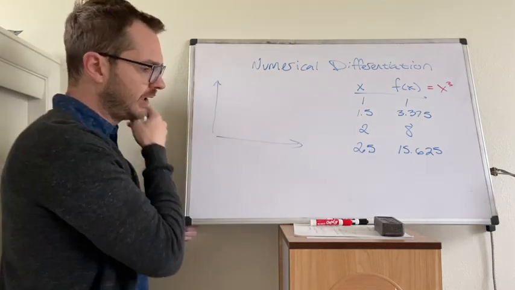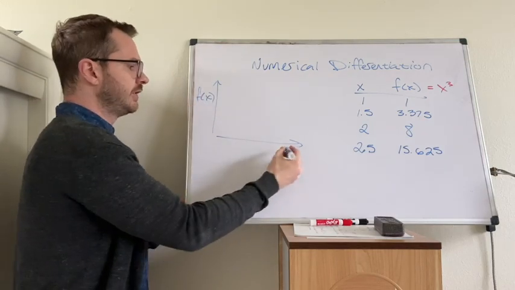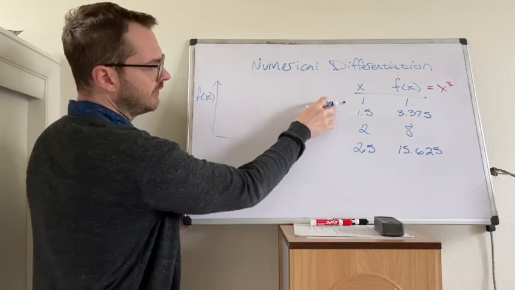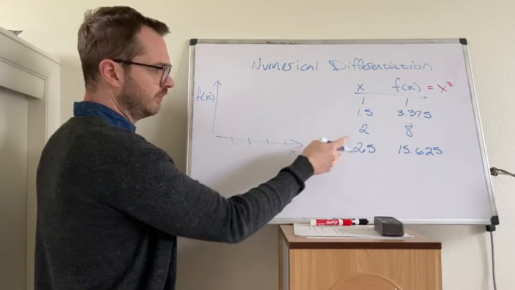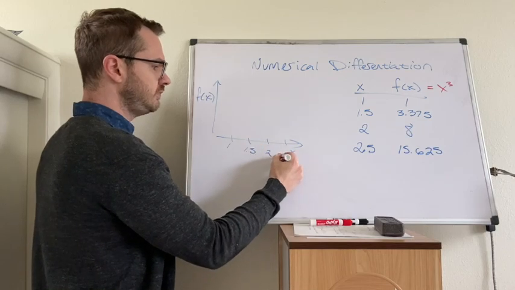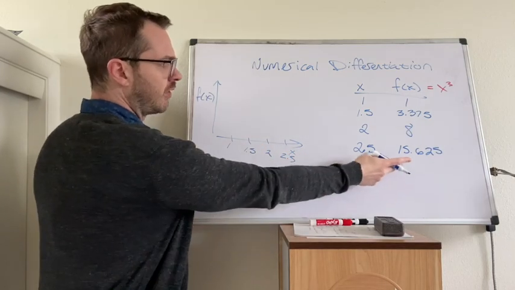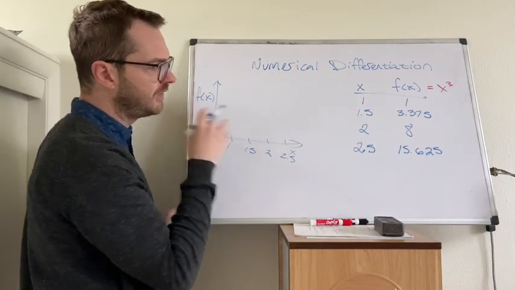So here's f of x on the vertical, here is x on the horizontal. You can see our data points are 1, 1.5, 2, 2.5. And then our y values are going to range from 1 all the way up to about 15.5.